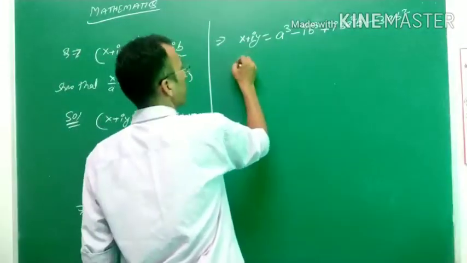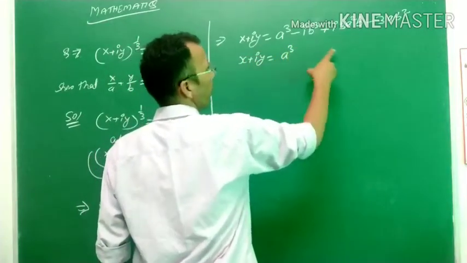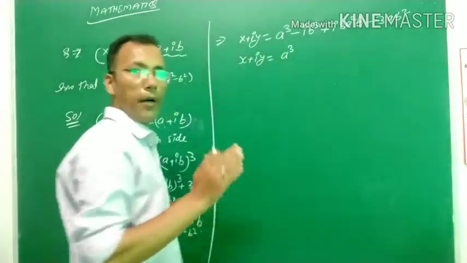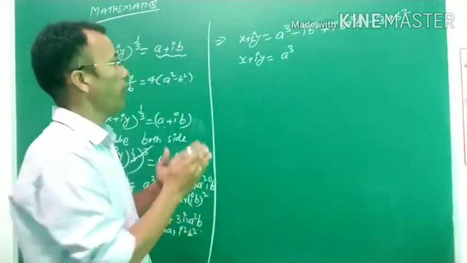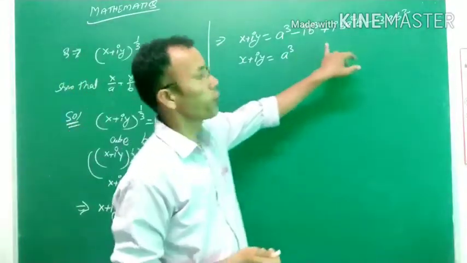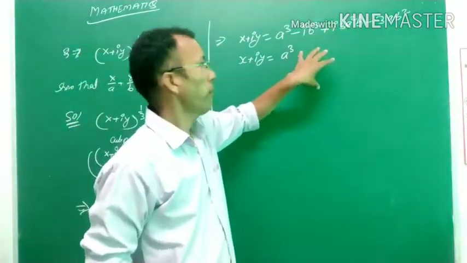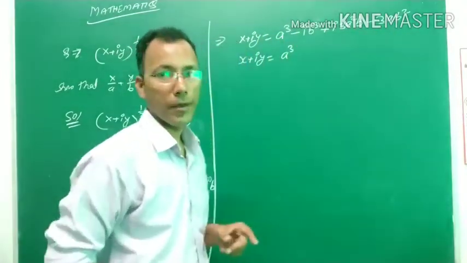Now x plus iota y is equal to a cube. The real part has to be on the same side, and the imaginary part has to be separate. These two parts, that means this whole expression has to be written in the form of x plus iota y.